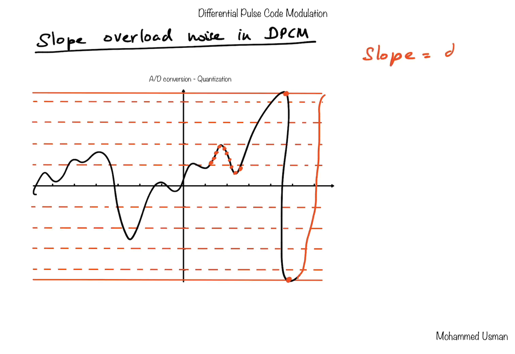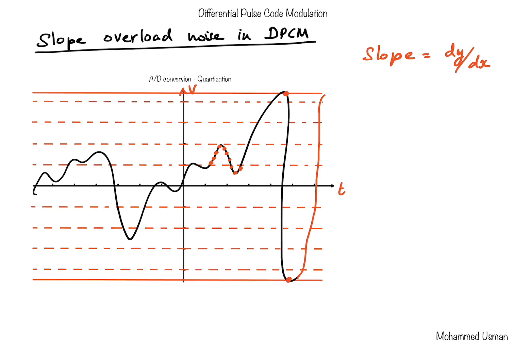Slope equals dy by dx. So on the x-axis we have time, on the y-axis we have the amplitude or voltage.